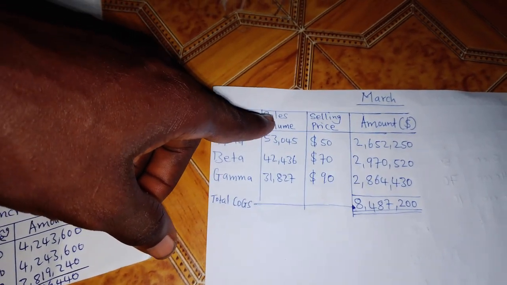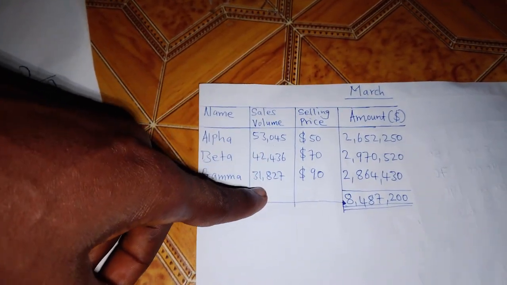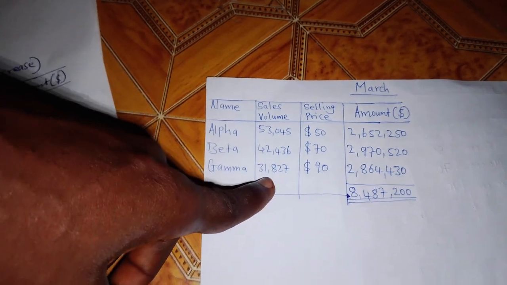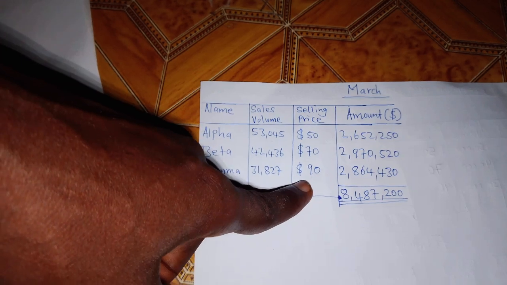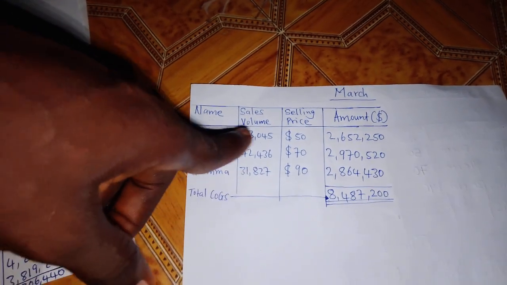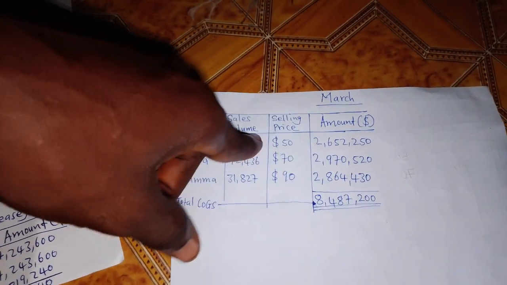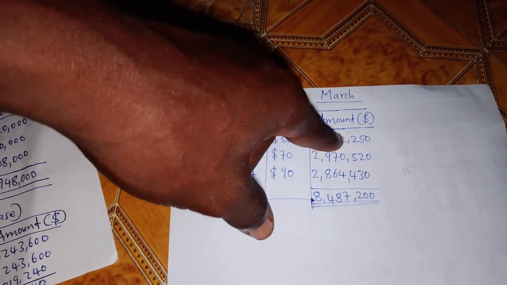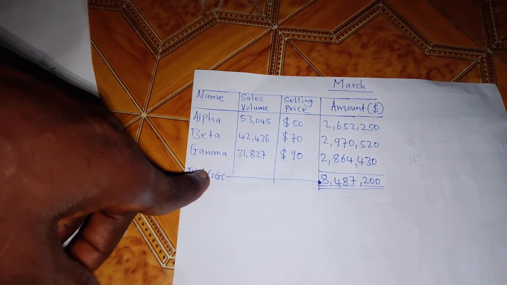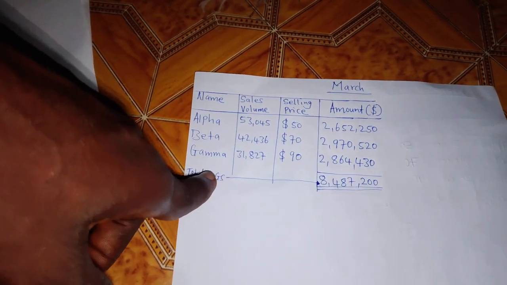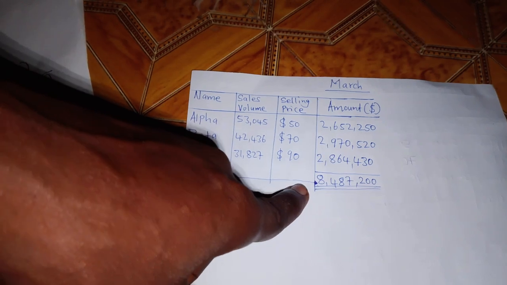The selling price remains constant, as provided in the footnotes. When you multiply this number by this, it gives you this amount. So at the end of the day, this is the total COGS for March.